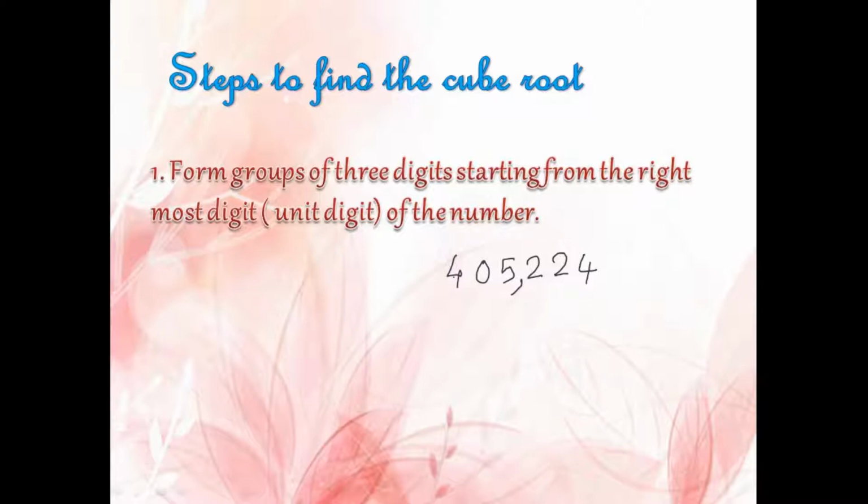Then again there are 3 digits. So this one is the first group and this one is the second group. So in the first step, we just group the given number into 3 digits each, from the unit place onwards.